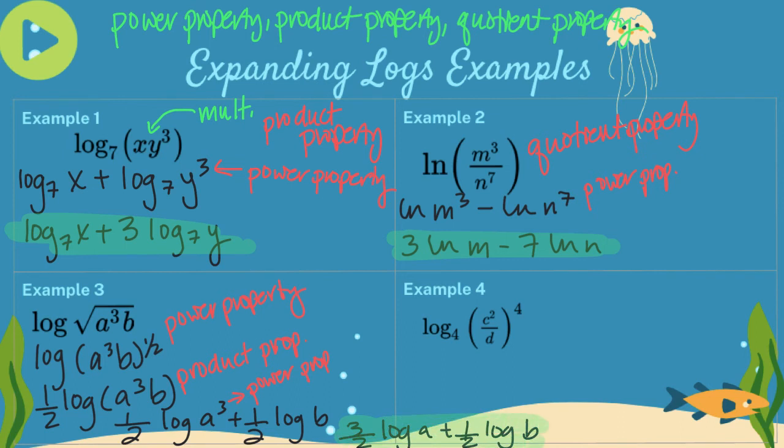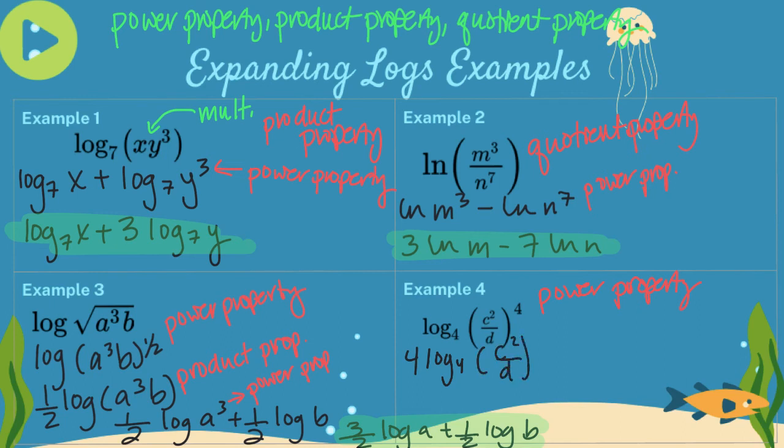And then finally I have example 4. So in example 4, I notice the little exponent of 4, so I can use the power property to bring that out front. So this becomes 4 log base 4 of c squared over d.